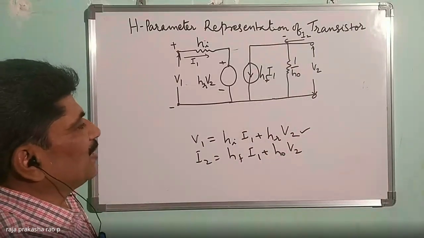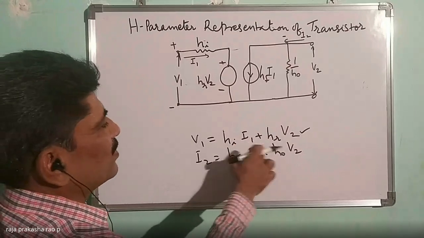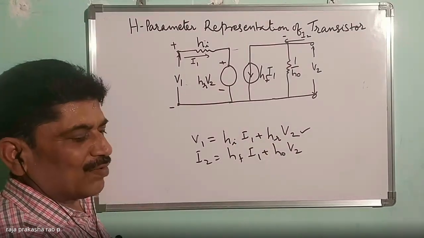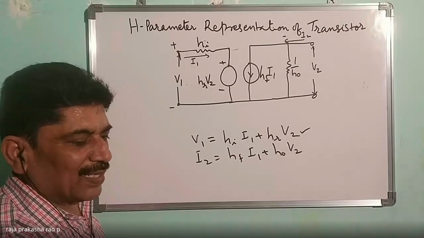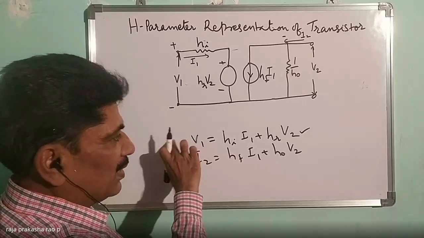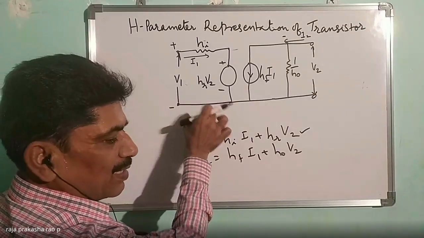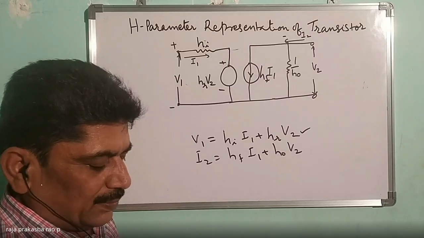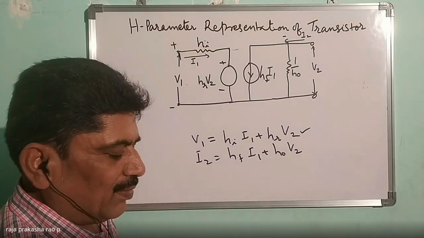If it is common emitter, just add the suffix e to these parameters. Now, let us see all the configurations one by one. I will draw the circuit diagram, and then the h parameter equations followed by the circuit.